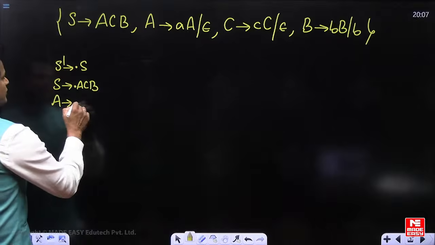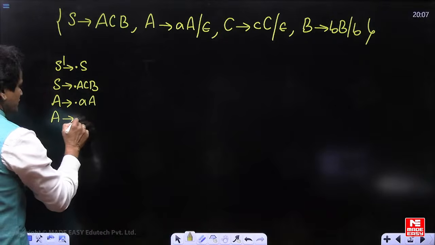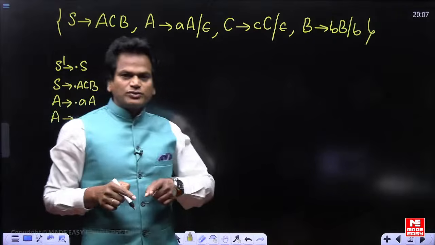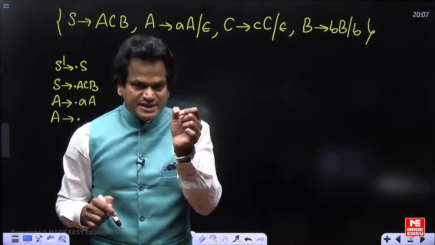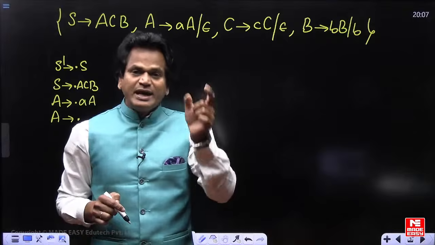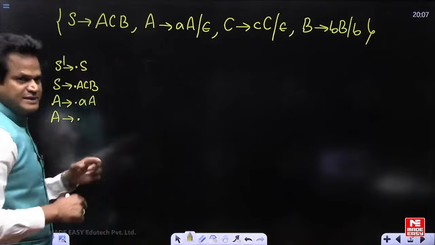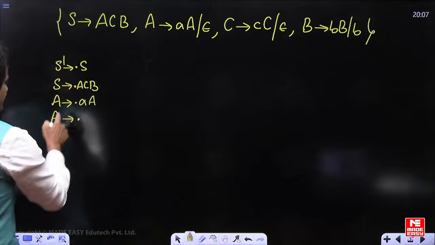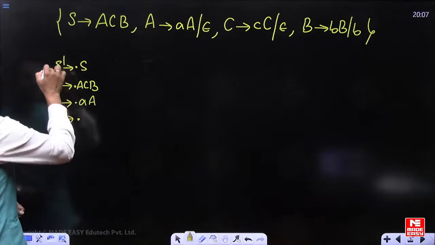A derives dot AA, and A derives epsilon, which gives A derives dot. To get a shift-reduce conflict in an LR(0) parser, a state must have one final item in which the dot has reached the end, and one item with a dot before a terminal. If any state is like that, it is a shift-reduce conflict. Here we have one final item where the dot has reached the end and one shift symbol terminal, so there is a shift-reduce conflict.